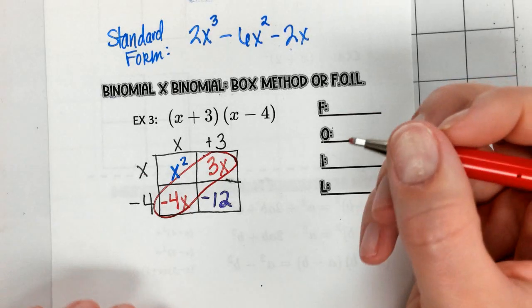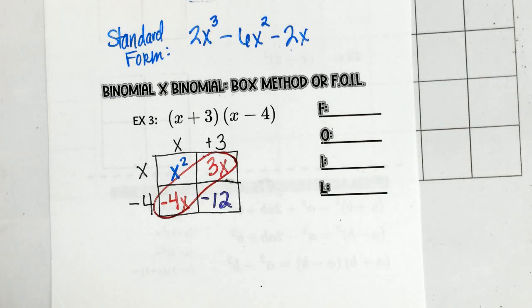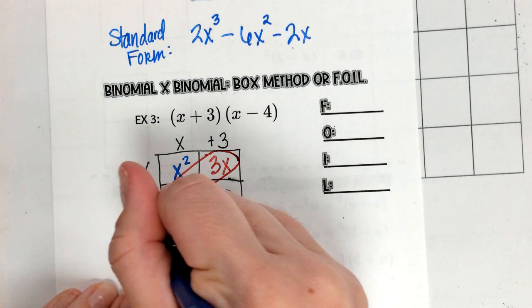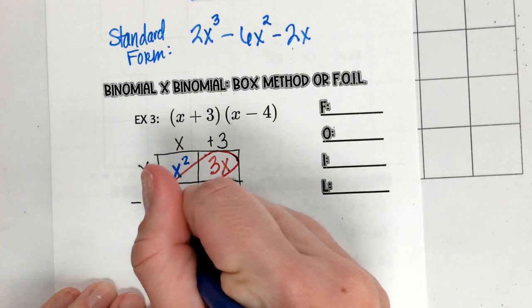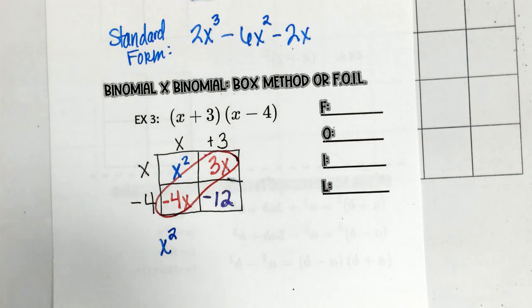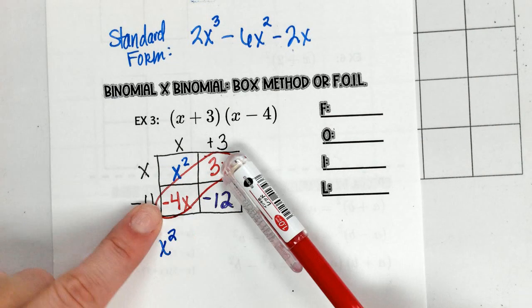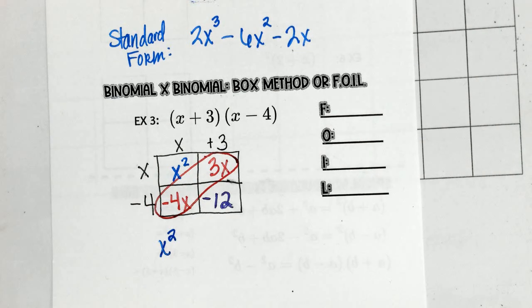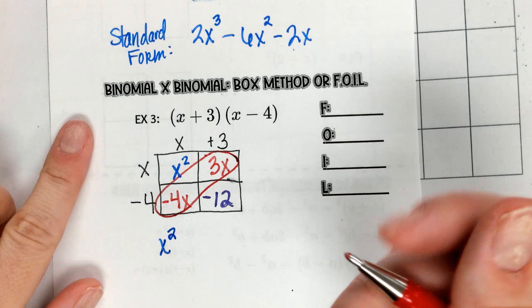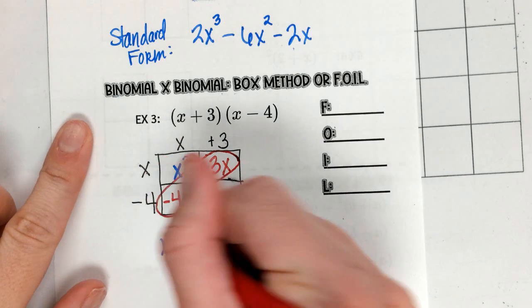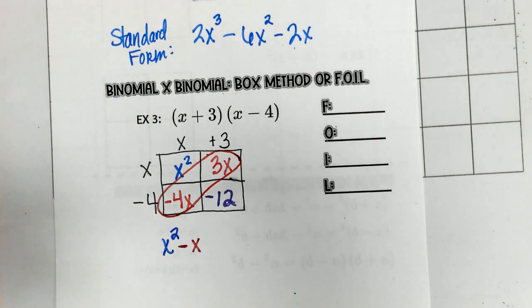Yeah, because they are like terms. Okay? So when I put those together, my answer is x squared, negative 4x and 3x. When you combine negative 4 and 3 together, you get minus x and then minus 12.